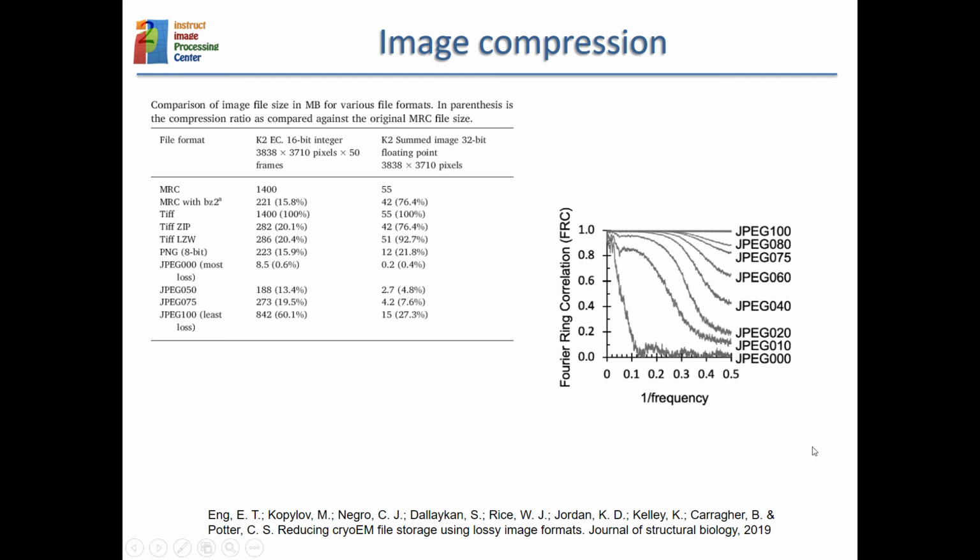In this paper, they analyze the effect on the Fourier ring correlation of images that have been compressed by different factors. What they show is that a little amount of compression, even if it is a little bit lossy, doesn't have a very severe effect on the 3D reconstruction.